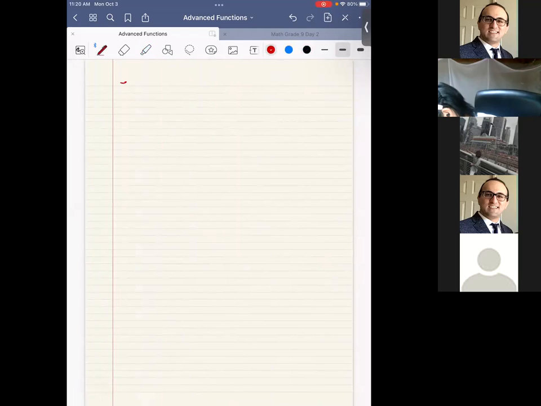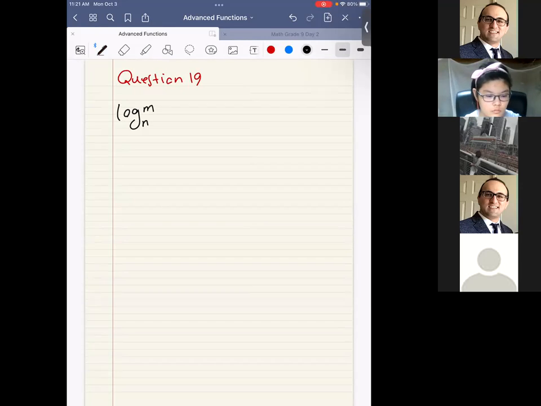Log base n over log base m. So, prove this. What is the left-hand side? Log base n. What is the base, m or n? n. Yeah.